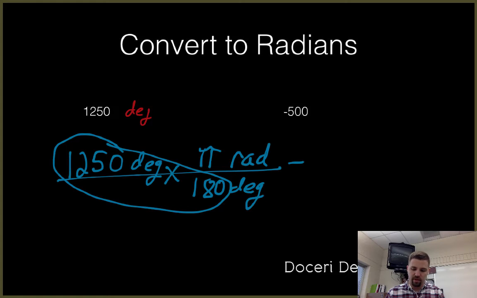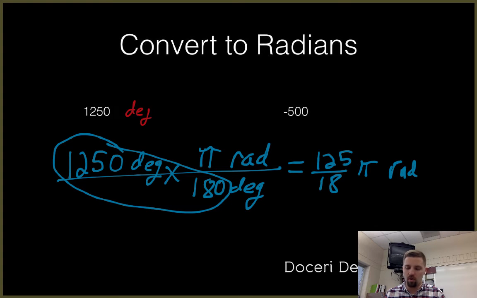When you simplify this, you get 125 over 18 times pi radians. So the units on this are radians. Or if you had just done the decimal, you would have gotten 21.8 radians if you just multiply 1250 times pi divided by 180.